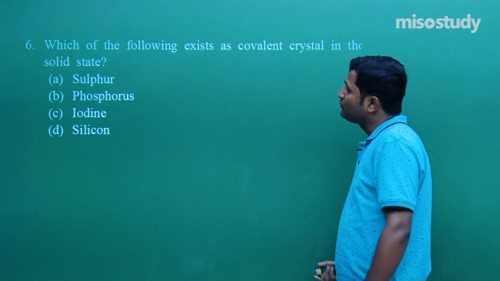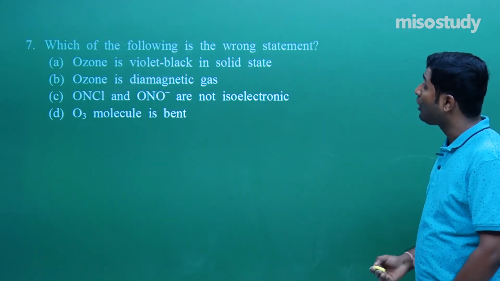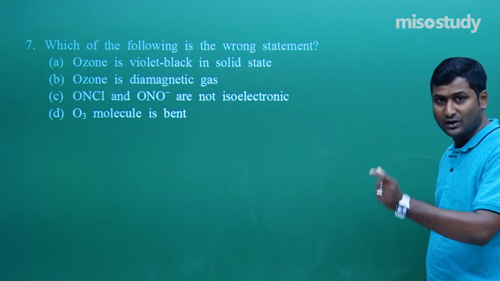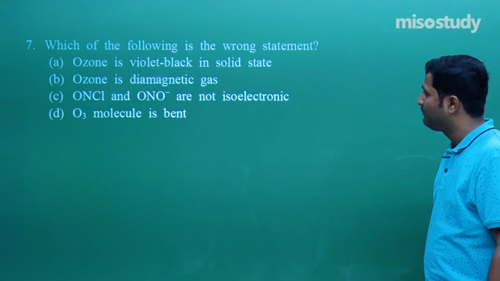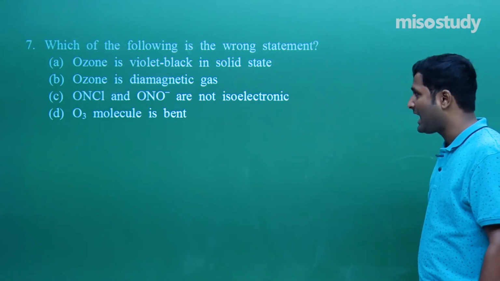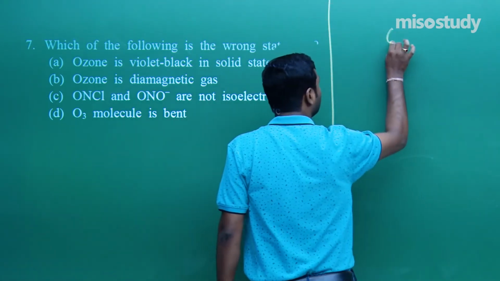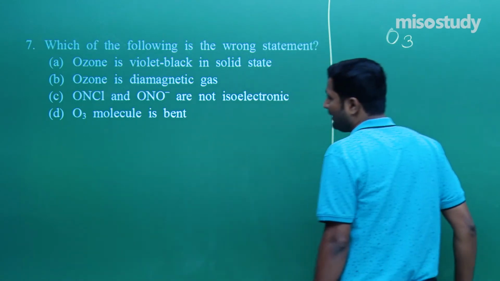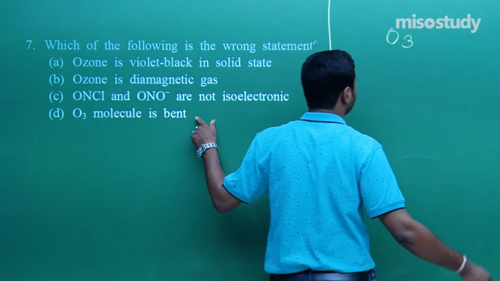Now let's move to question number 7. Which of the following is a wrong statement? Now check it out, listen carefully. Ozone is black violet in solid state. Ozone is diamagnetic. What is the formula of ozone? The formula of ozone is O3, and the O3 molecule is bent.